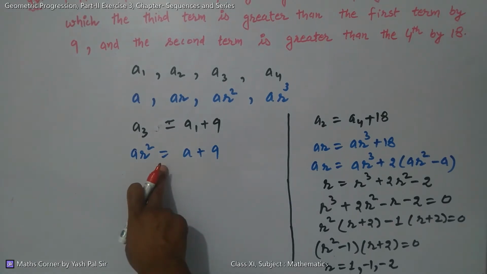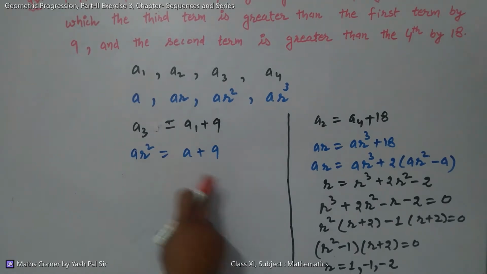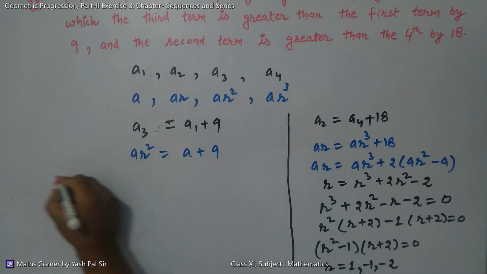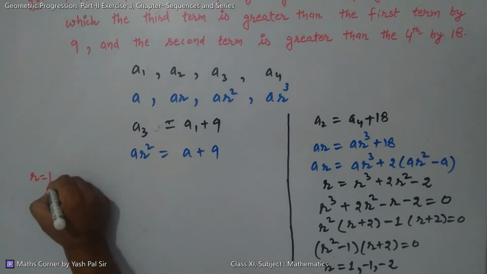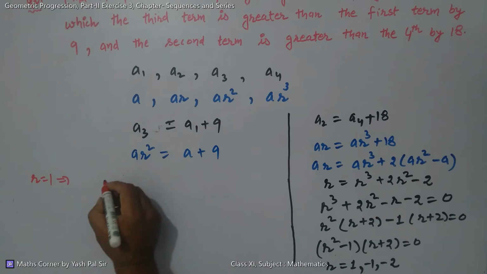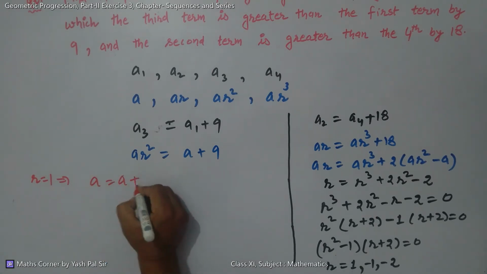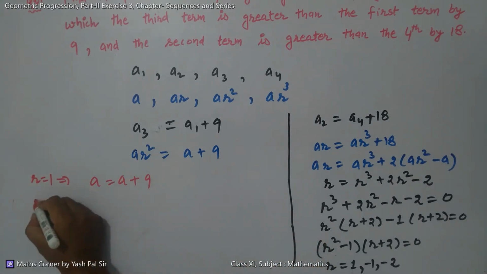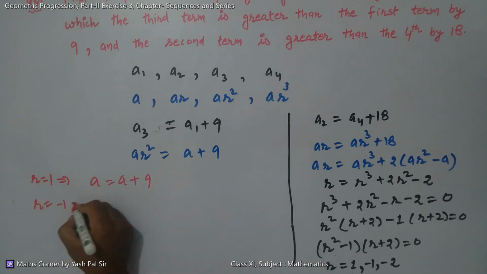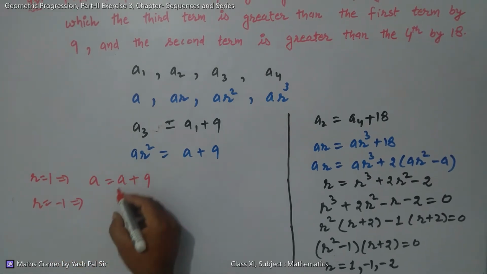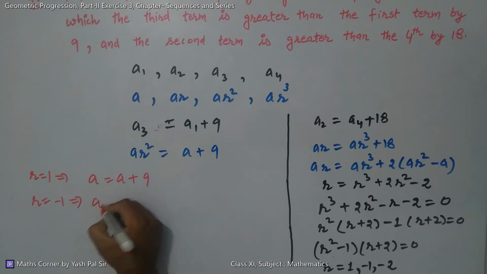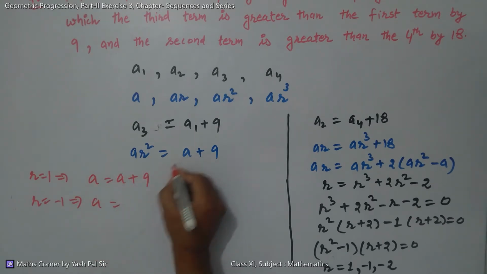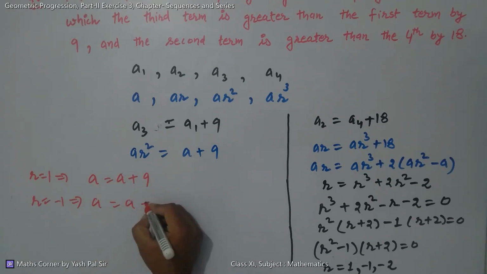In this equation, first of all we take r is equal to 1. So if r is equal to 1, then this equation becomes a equal to a plus 9. That means we do not have any value of a. If r is equal to minus 1, this gives a equal to a plus 9.